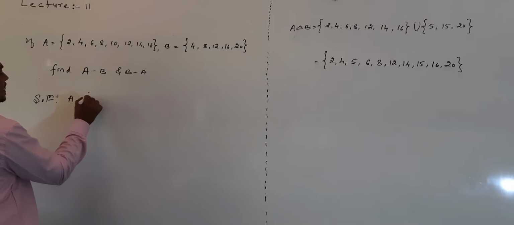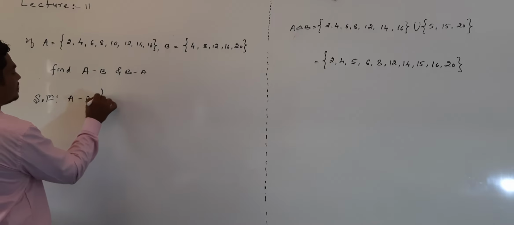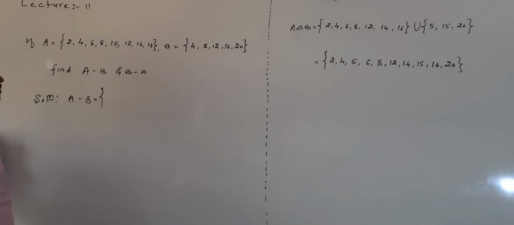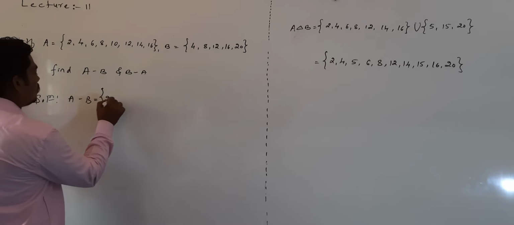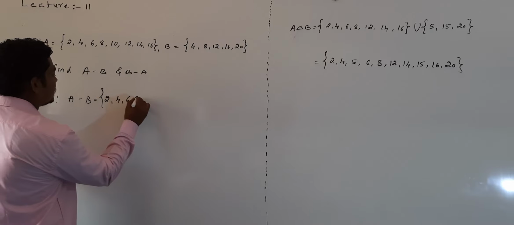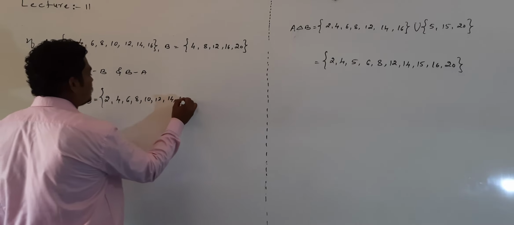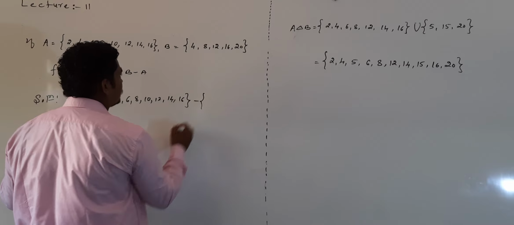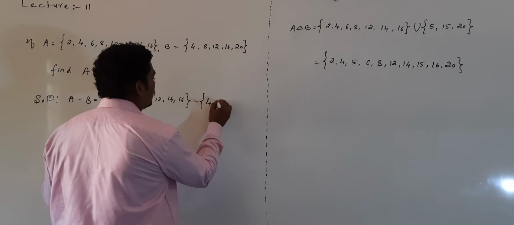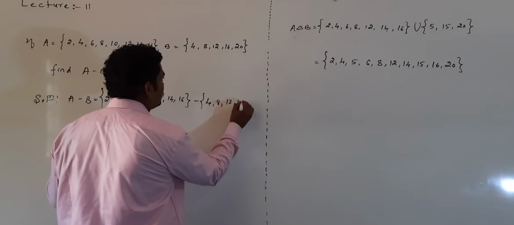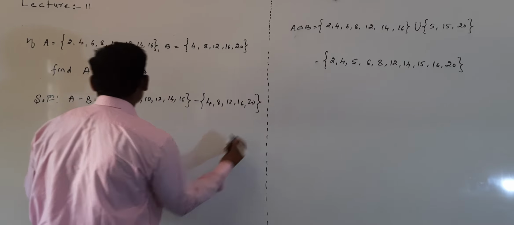Set A minus set B is equal to 2, 4, 6, 8, 10, 12, 14, 16 minus B: 4, 8, 12, 16, 20.